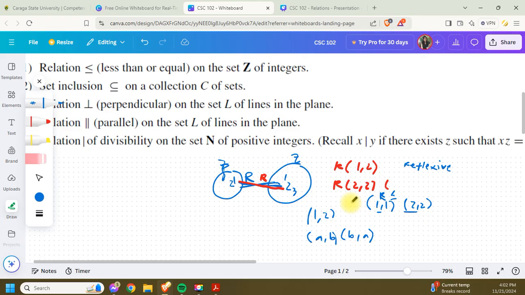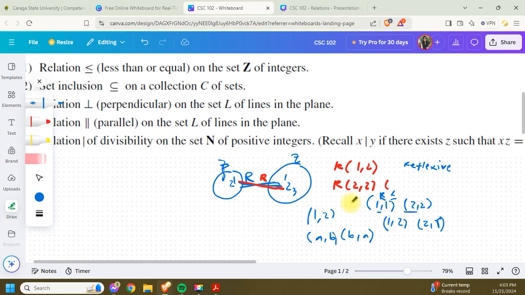This is not symmetric, because if there exists a (1, 2), there should also exist a (2, 1), but 2 is not less than or equal to 1.